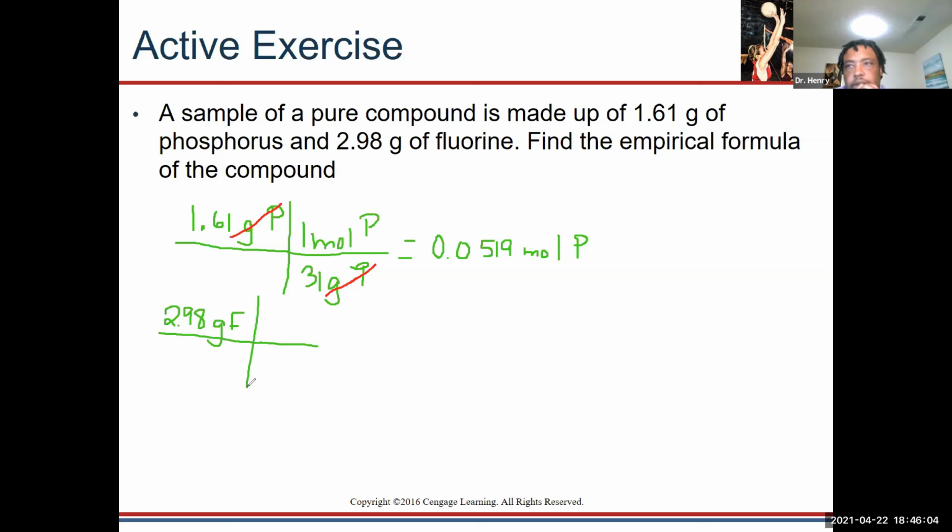Then the units are 1 mole over 19 grams, and 19 is because that's the mass of fluorine. That would be 0.157.